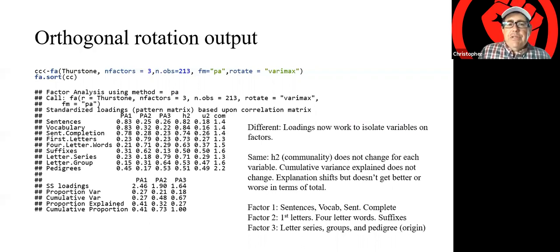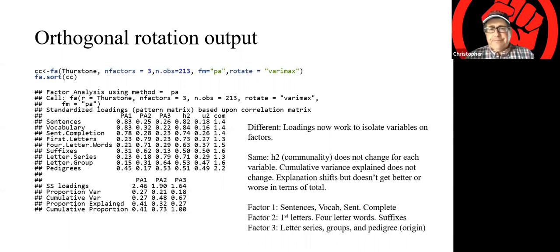So what this is really doing is taking our variables and trying to isolate them on certain factors. Interestingly, the fa.sort command sorts these variables, so they're in a different order than they would have been in the data set. It sorts them in terms of those sizes, so you can get a kind of visual of this.